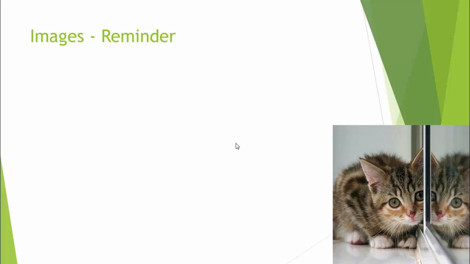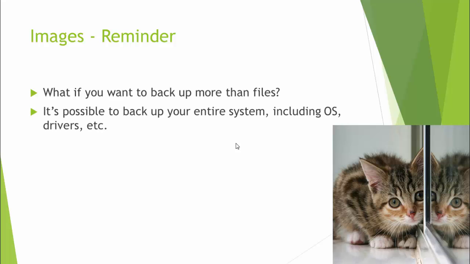Now, you might say, wait a sec, didn't Mr. McBrien tell me I needed to create a Windows system image way back when? Well, the system image is not a backup of data. The system image is a backup of your operating system, the drivers, everything you need to run the computer.